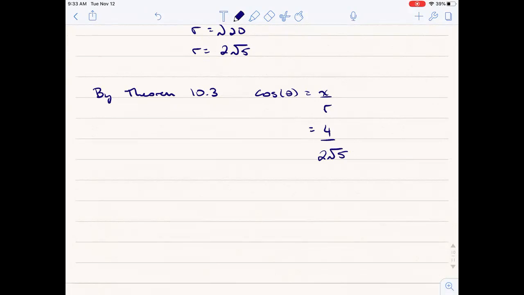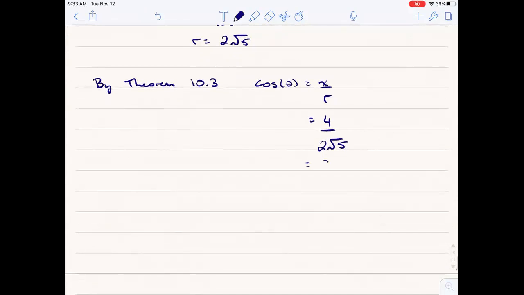So 4 over 2√5, which, if you plug this into your calculator, is going to give you 2√5 over 5. Use calculator. It'll just give it to you.